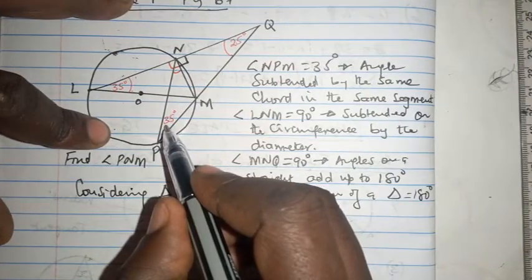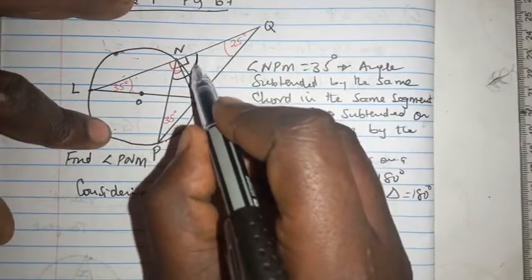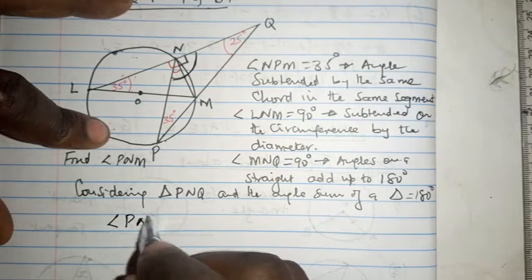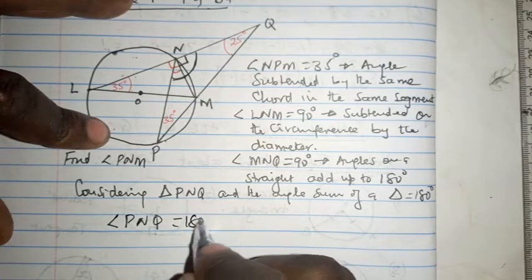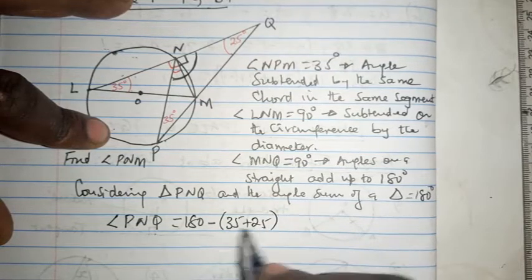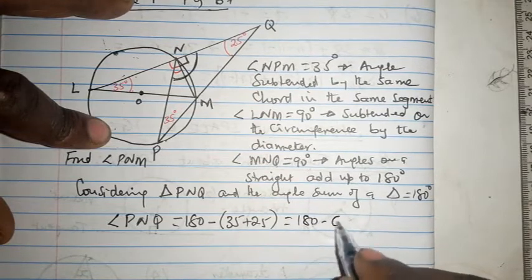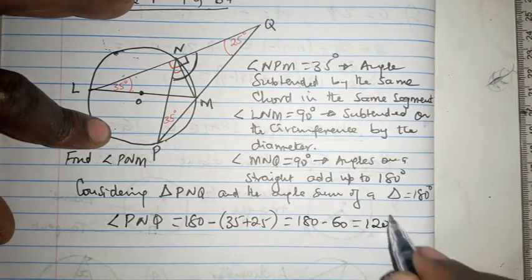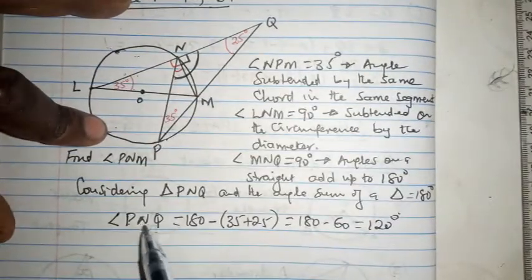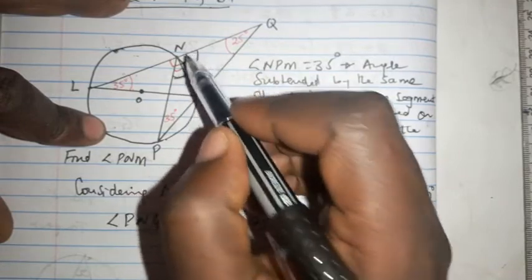This angle is 35, this angle is 25. So the whole of that angle PNQ is 180 minus 35 plus 25, because these ones are already there, which is 180 minus 60, which is 120 degrees. The whole of that angle happens to be 120 degrees.